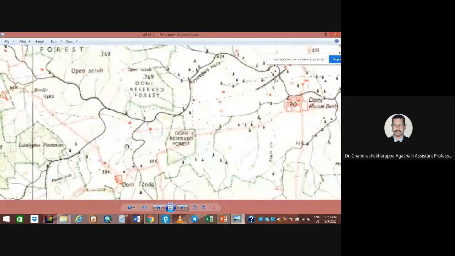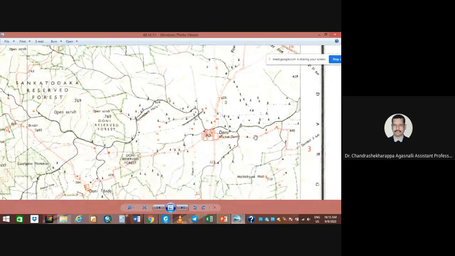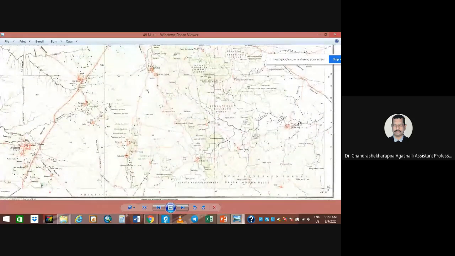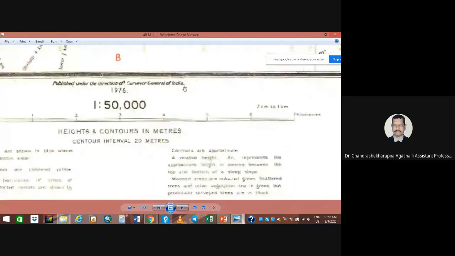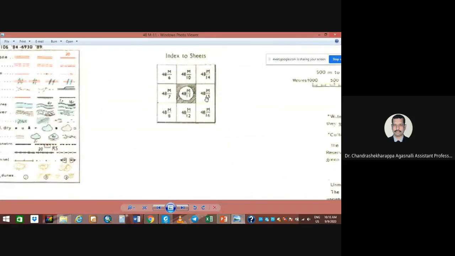When you go to any other rivers and the eastern parts, see this river is moving here towards the east. See here, this is a very big river catchment. It's flowing towards the east. And what is the topo sheet here? That you need to check, 48 M by 15.